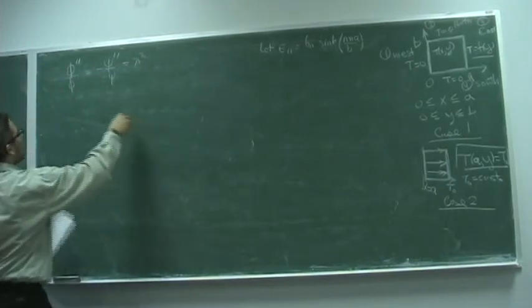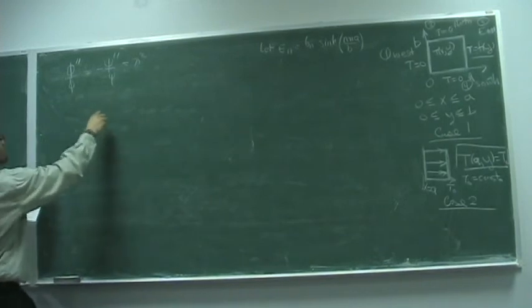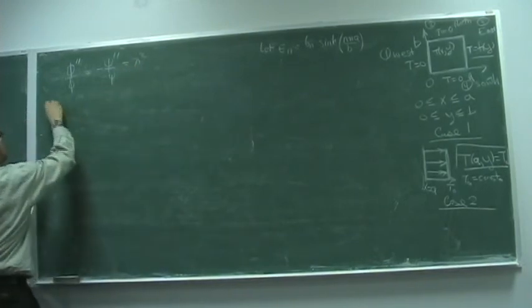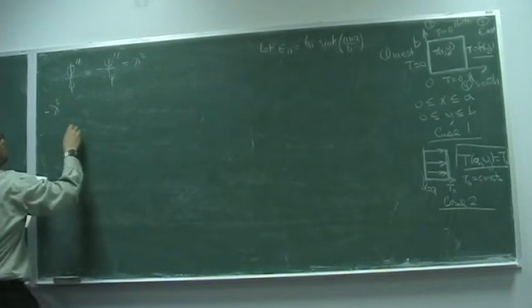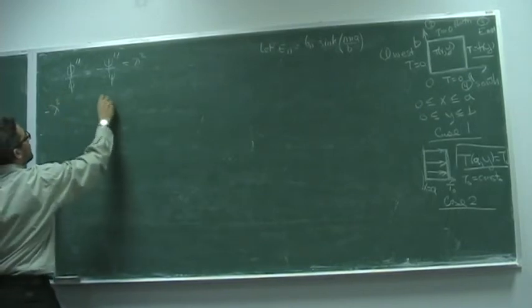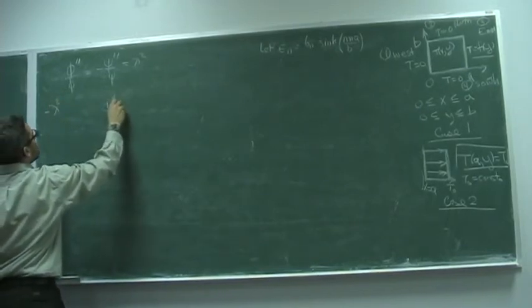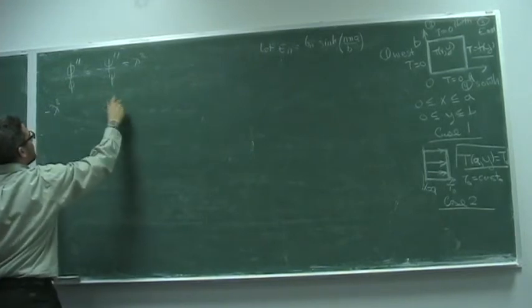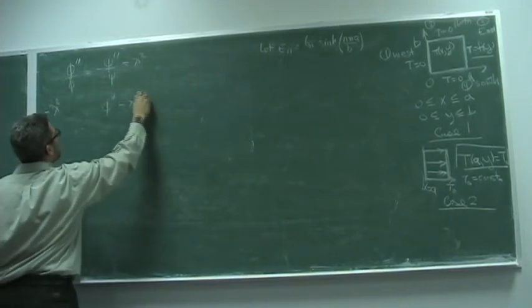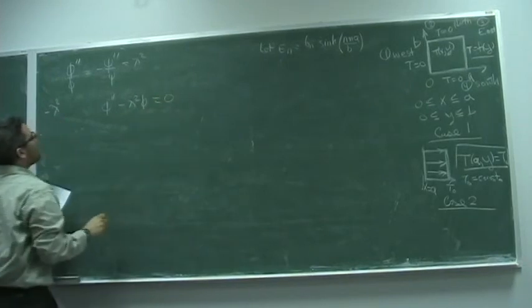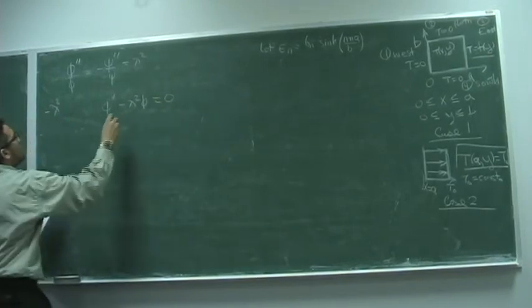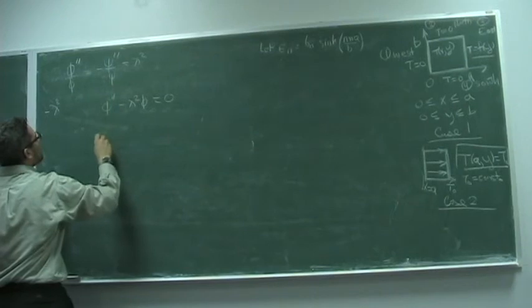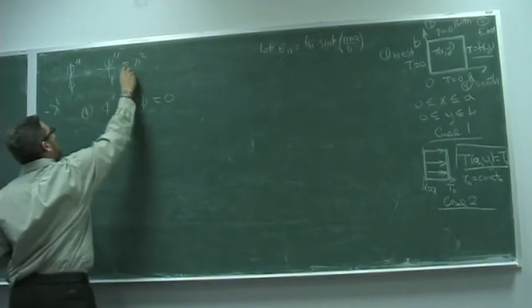Well, what does that do to me? If I switch the signs for negative lambda, first I had phi double primed minus lambda squared equals 0. What it's going to do is flip the sign. This is case 1, that's from here.